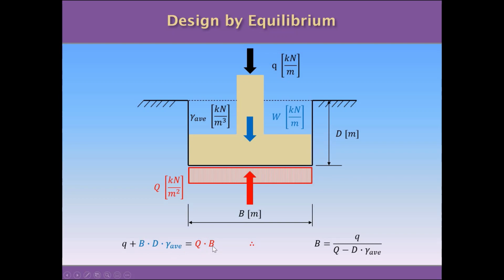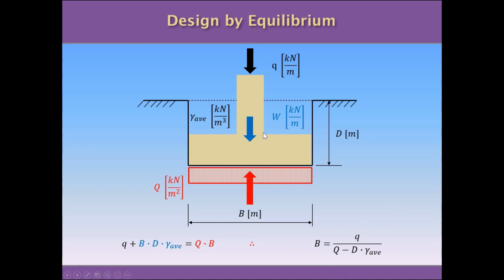If we are not in equilibrium because we need more bearing capacity, we need to redesign the value of B in order to reach equilibrium and spread the load from the building properly. So if we want to design a foundation, we can use this equilibrium equation and work out the value of B, as I did here, to calculate how many meters of B we need to take the forces from the building and the self-weight of the foundation.